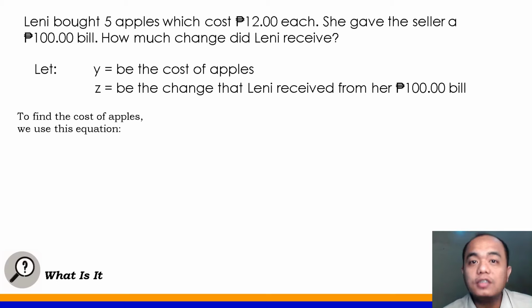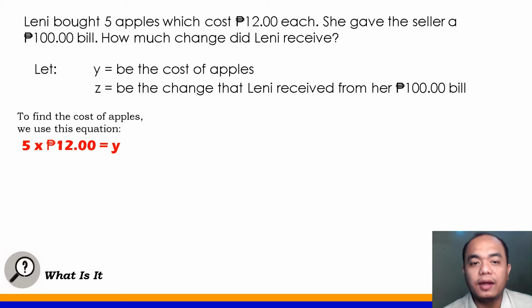Again, let us first solve the cost of the apple. So to find the cost of the apples, we will use this equation. Ito yung gagamitin natin na equation kung gusto natin na munang malaman magkano lahat ang apples na binili ni Lenny. So we will use the equation 5 times 12 pesos equals y. Nakuha?